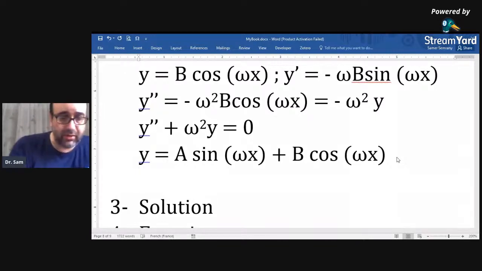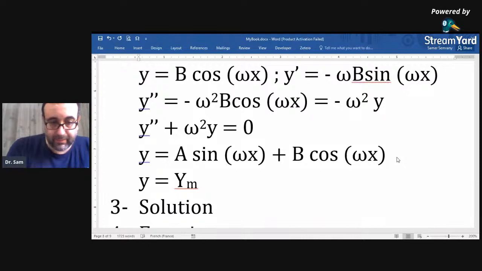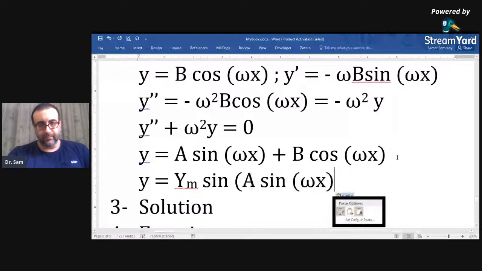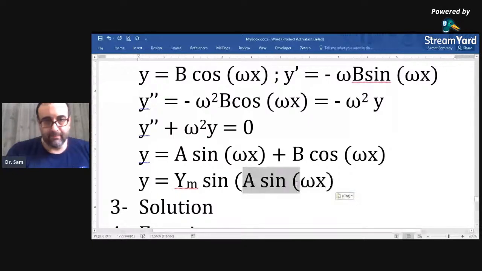It has this form in general: y equals y maximum, sine or cosine, omega x plus something constant, generally called phi.